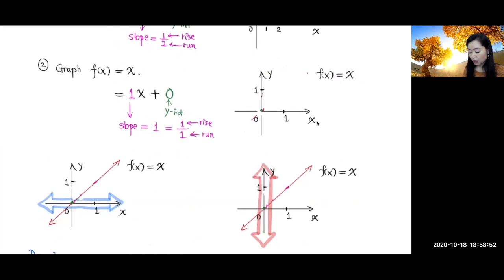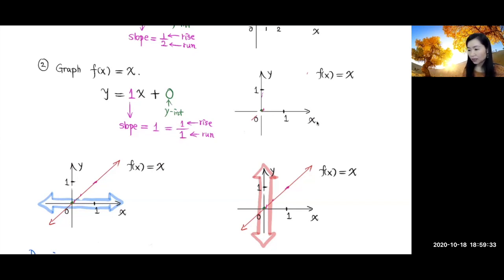Second, we're going to graph f of x equals x. This is a linear function. So this is the same as y equals 1x plus 0. The y-intercept here is 0, so on the y-axis, we locate 0. The slope here is 1. Now, if you have an integer, that integer is the same as that integer over 1.